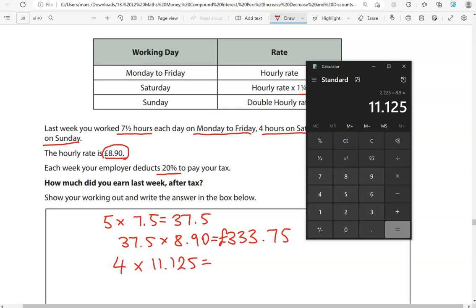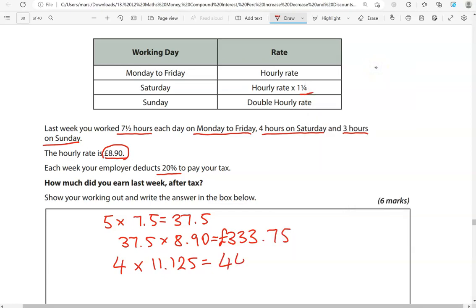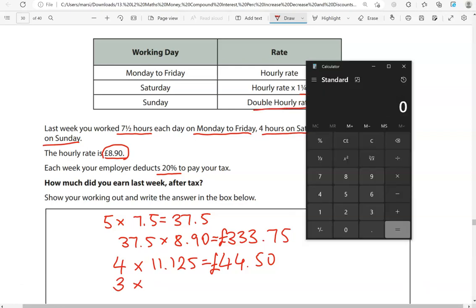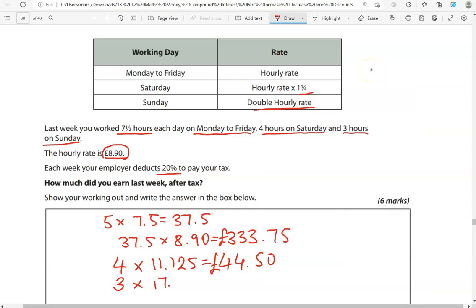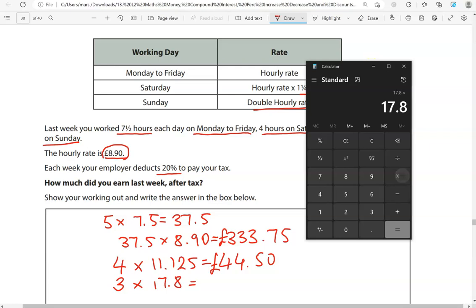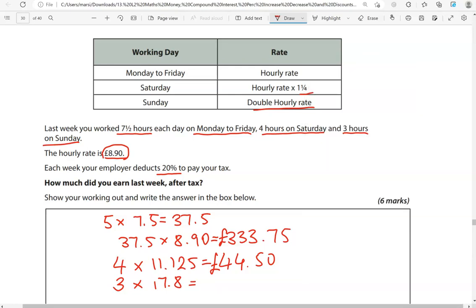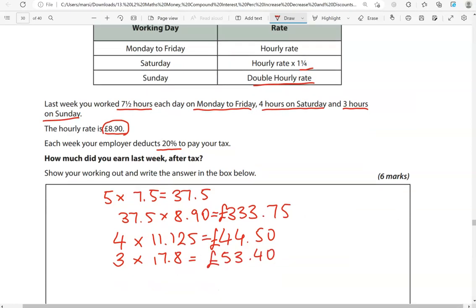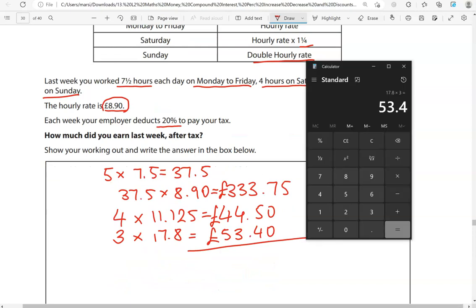So 4 times 11.125, which is 44.5, for £44.50. 3 hours on Sunday at double hourly rate. So that is 2 times £8.90, which is 17.8. So multiplying that by 3 gives us 53.4, £53.40.